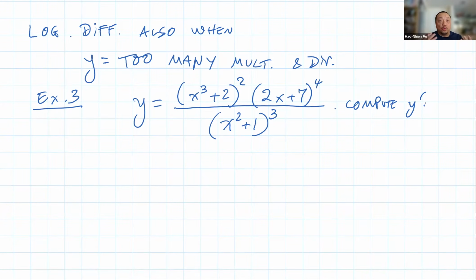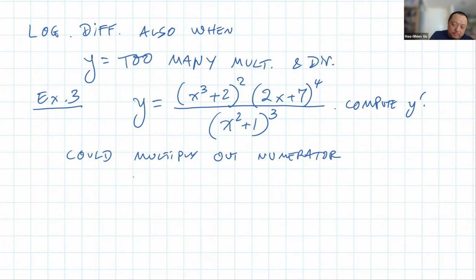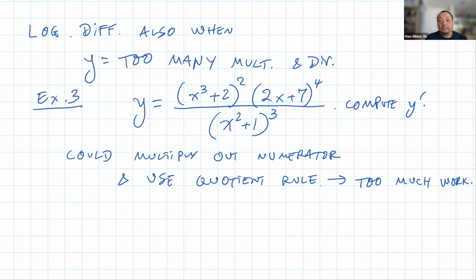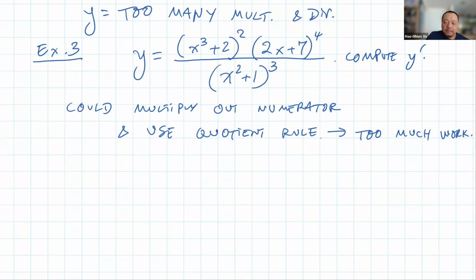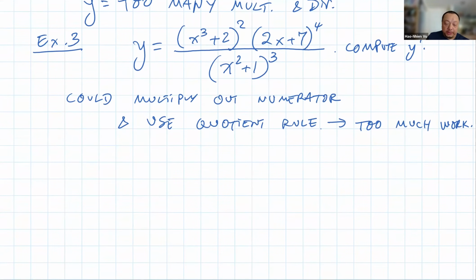But that's just too much work. If you feel like doing that, by all means do. Okay, no one is stopping you. You just spend several hours doing it. Instead, you could use logarithmic differentiation. And the steps are almost the same as before.